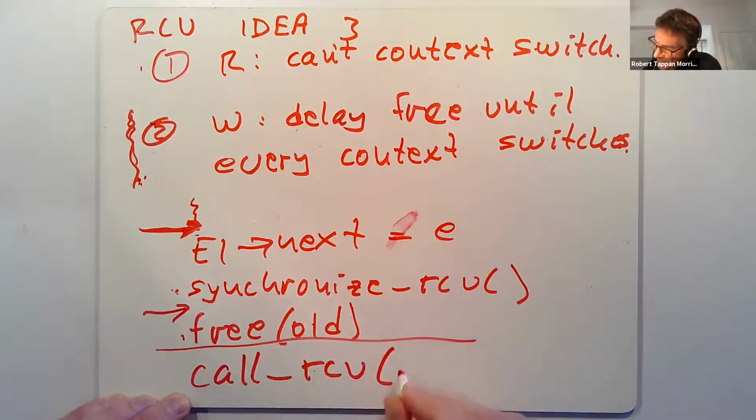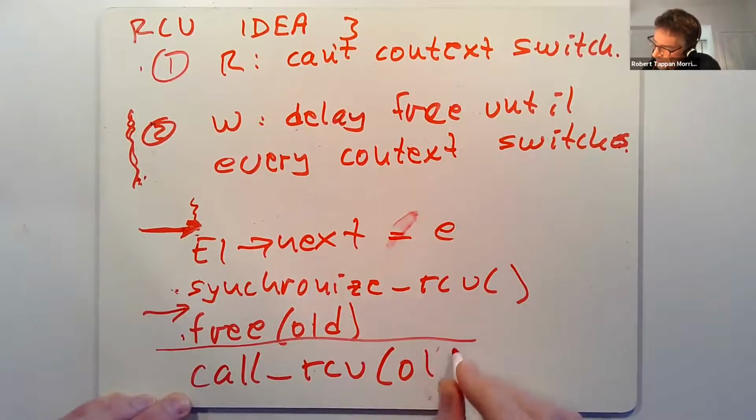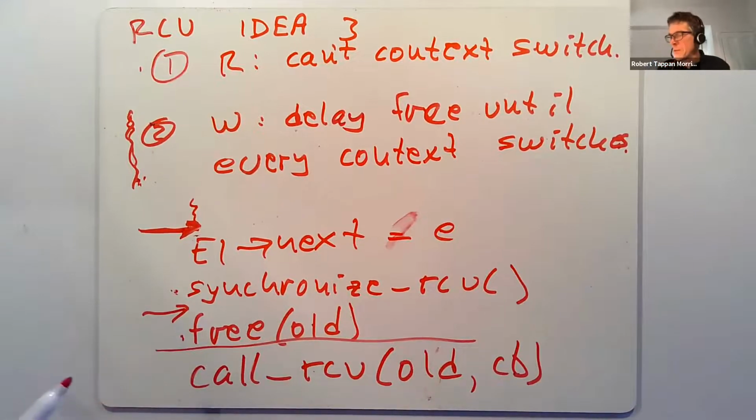And the idea is, in the usual use case, you pass it a pointer to the object you want to free, and then a callback function that just calls free on this pointer. And the RCU system basically stashes away these two values on a list and then immediately returns.